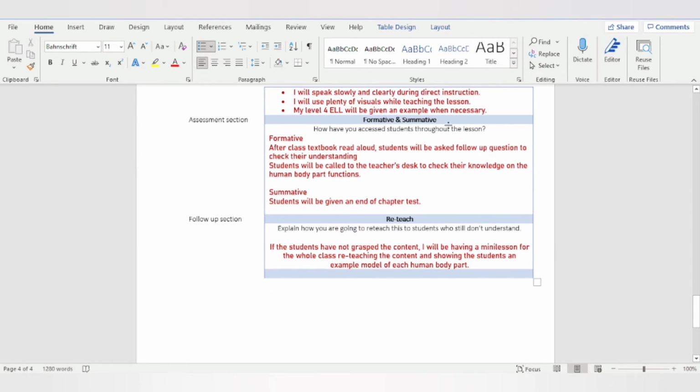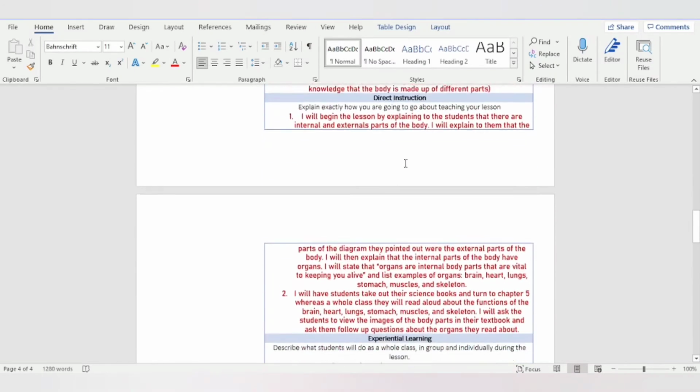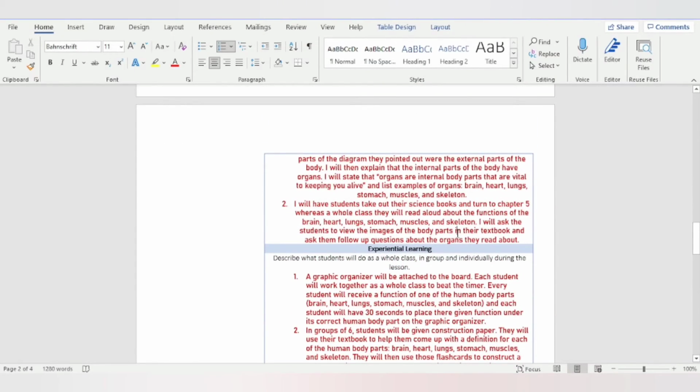The formative and summative has to do with how you have assessed your students through the lesson. The formative happens during the lesson. The summative usually happens at the end. So for the formative, what I did was after the class science textbook read aloud, I asked the students some follow-up questions to check their understanding, as I said right here.